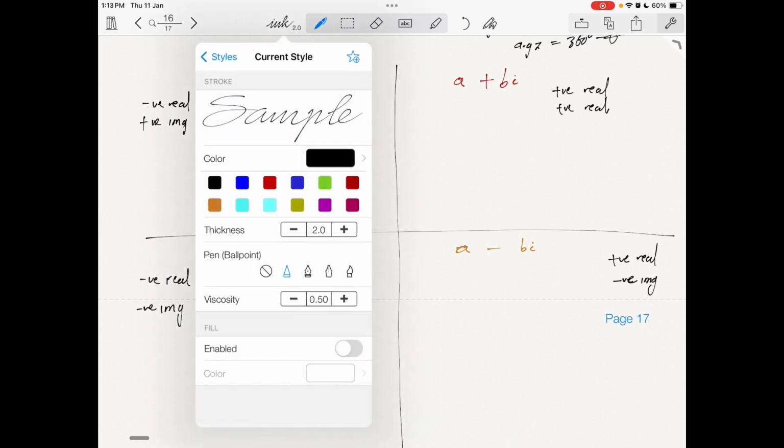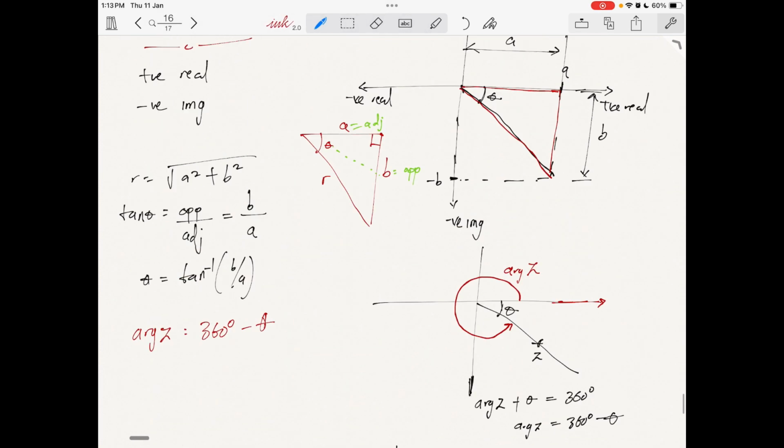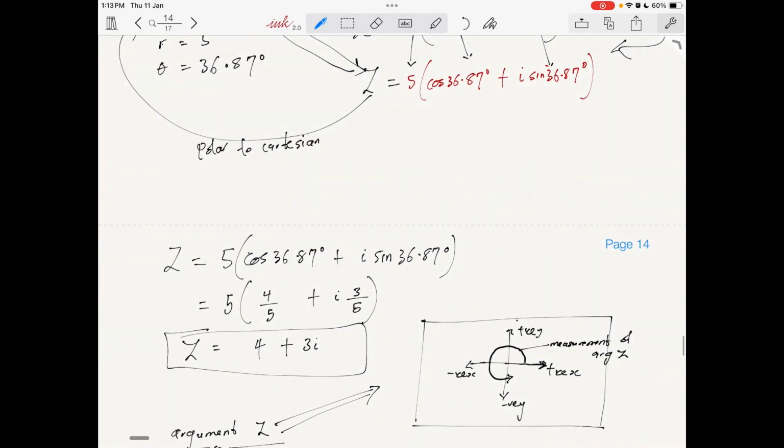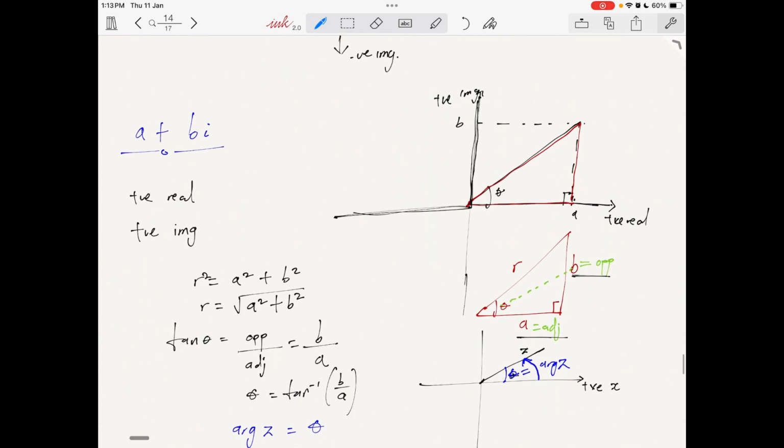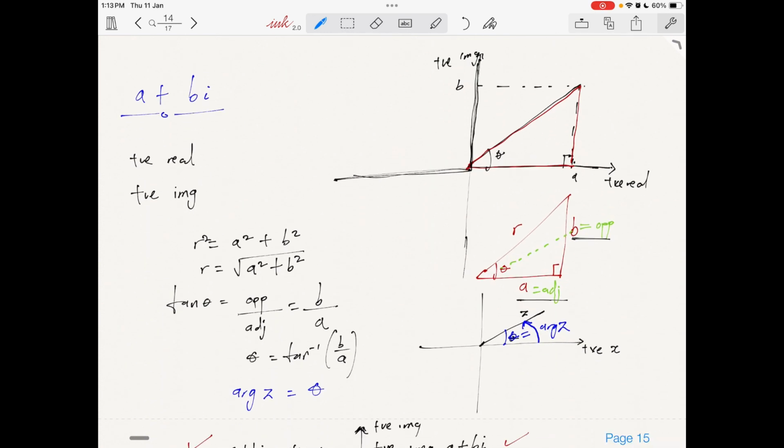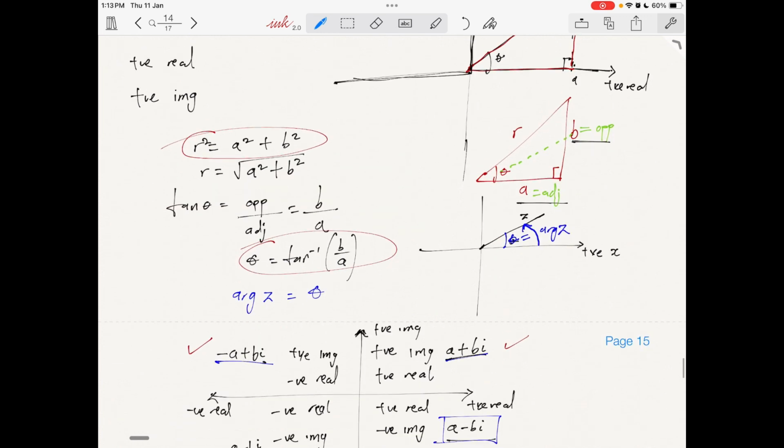Let's start with A plus BI. Looking at A plus BI, our R remains the same and our theta remains the same. But what is our argument Z, and what does the diagram look like? These are the things we'll be affecting.